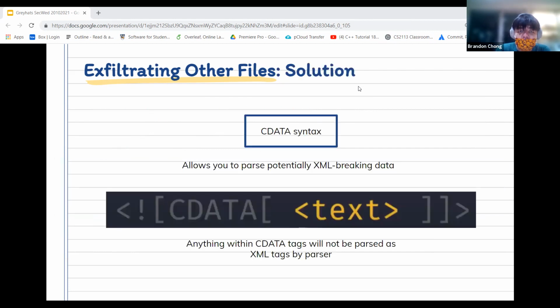So how exactly do we exfiltrate this data? What we can do is use the CDATA keyword, this syntax, which stands for character data. So whatever is within the character data opening and closing tags will not be parsed as markup by the XML parser.